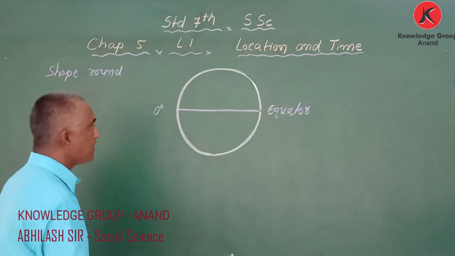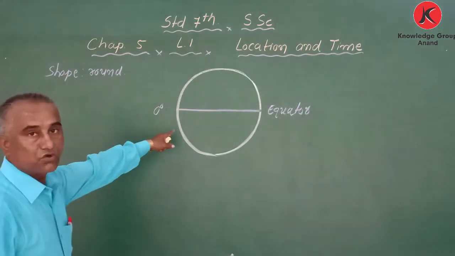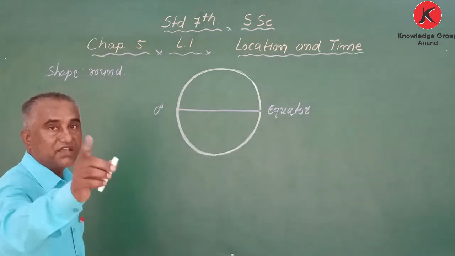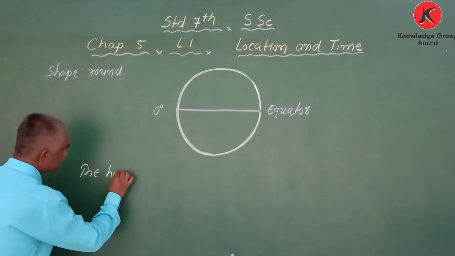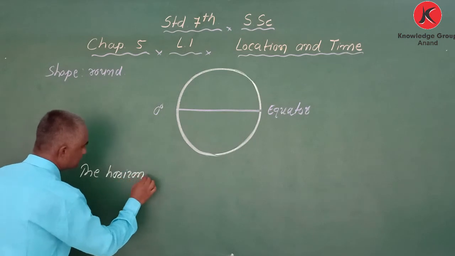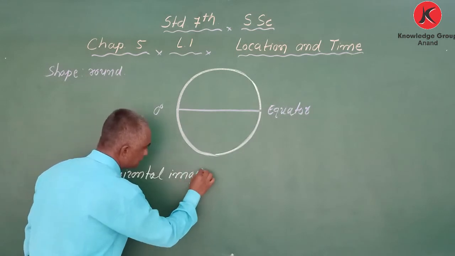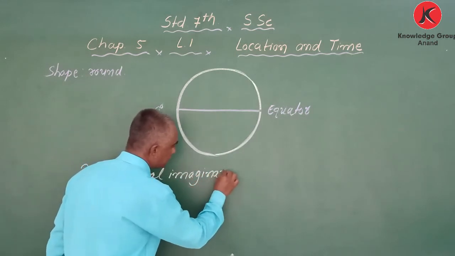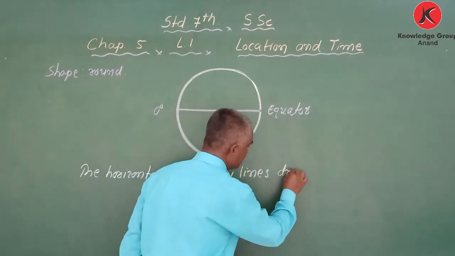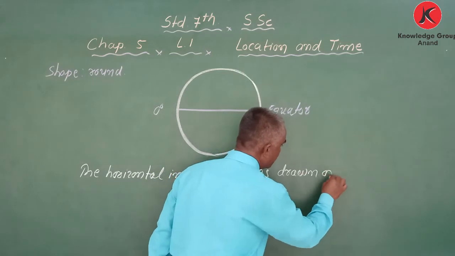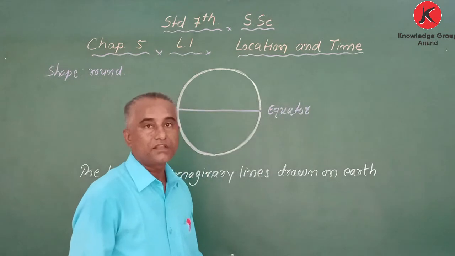Got it? And this is called latitude. What is the definition of latitude? The horizontal imaginary line drawn on earth, that is called latitude.